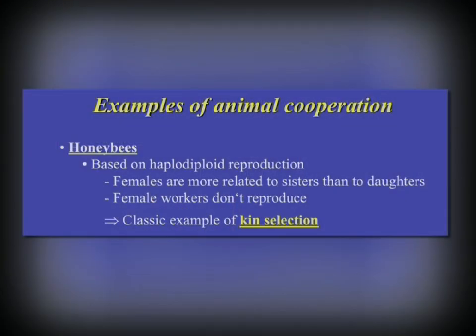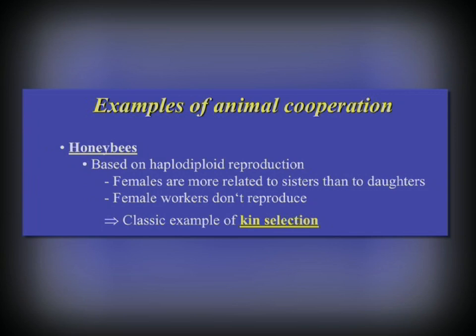Examples of animal cooperation have been numerous. I'm just citing a few of them. Obviously, Bob Hamilton was interested in understanding this puzzle of honeybee workers that are sterile but work all their life to help their sisters. And this was explained to be the classic example of kin selection.